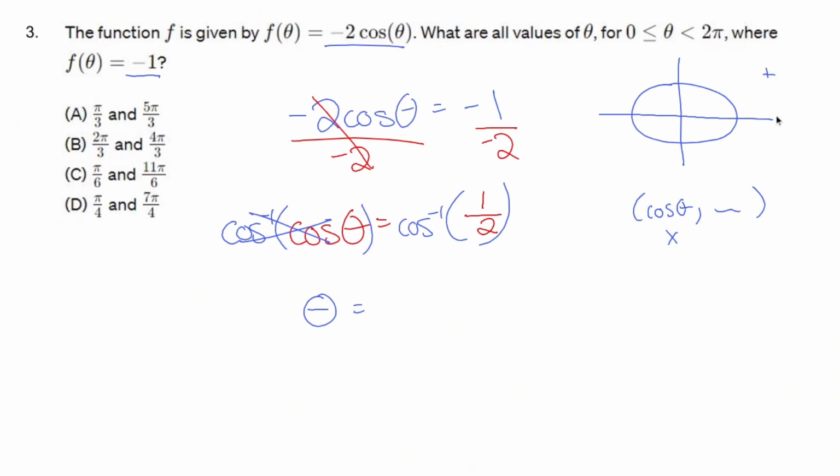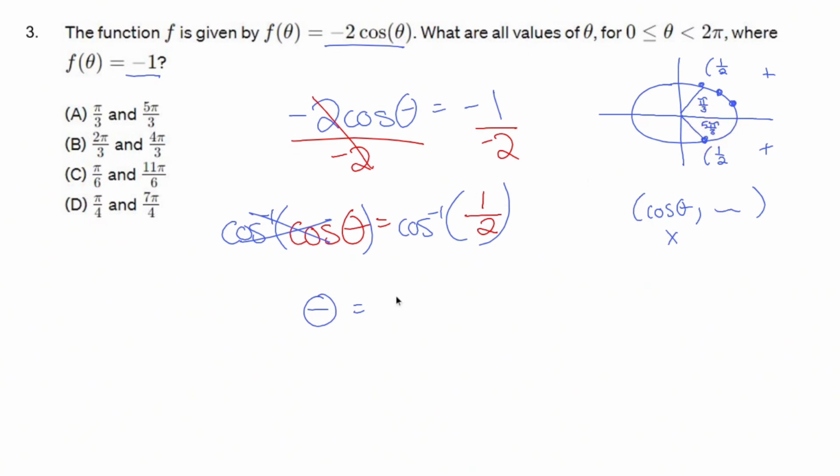If I were thinking unit circle, the x would be root 3 over 2, root 2 over 2, root 1 over 2. So you give me 1/2 over there, and that's pi over 3. The one directly underneath it is going to give me my other positive 1 over 2, and that is 5 pi over 3.